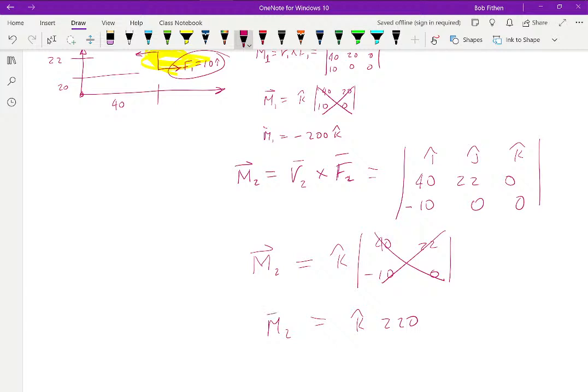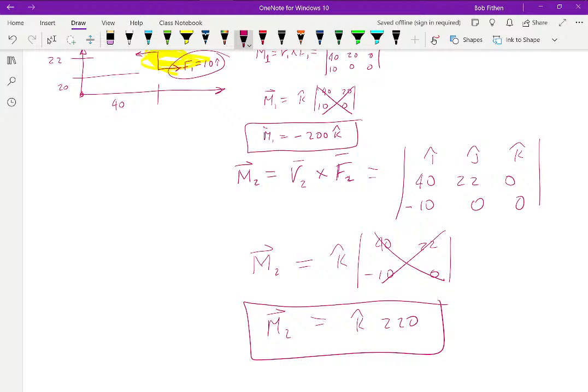So moment 2 is 220. Now, if I want to know the total moment from these two forces, the moment total is equal to minus 200 k and then plus 220 k again gets you 20 k.